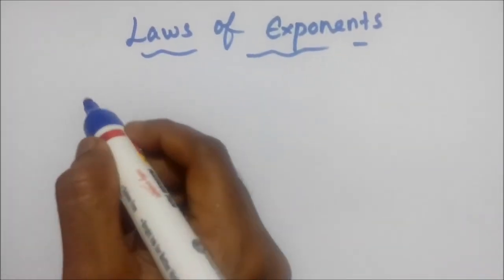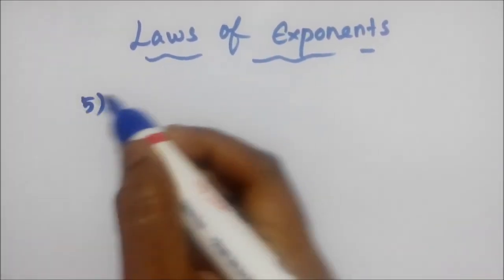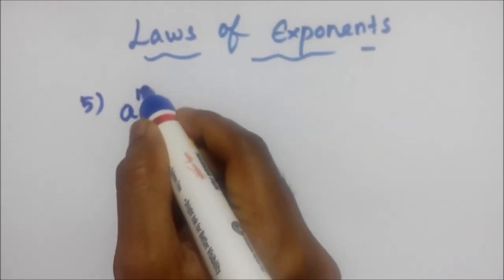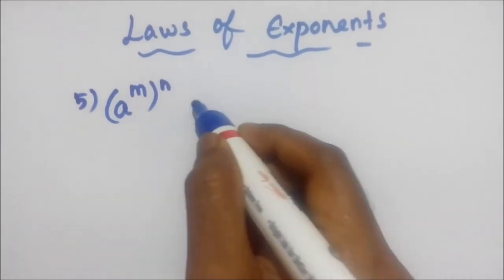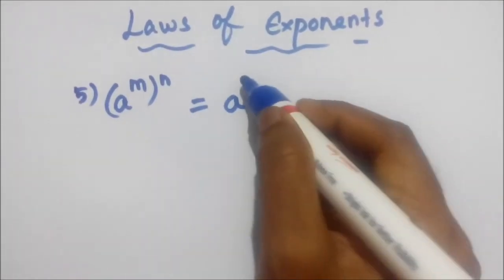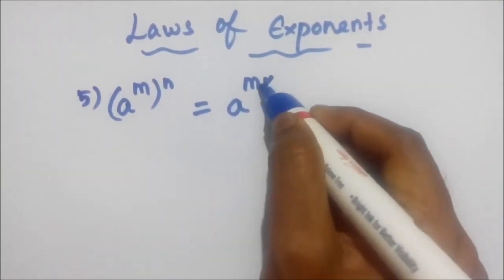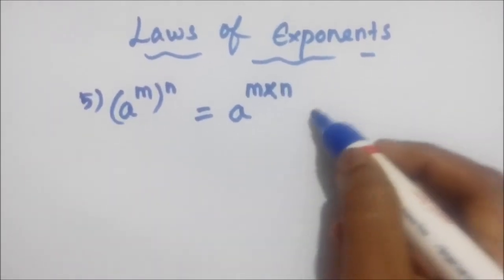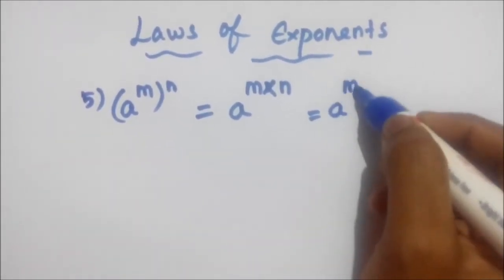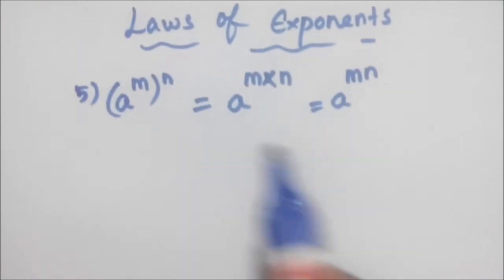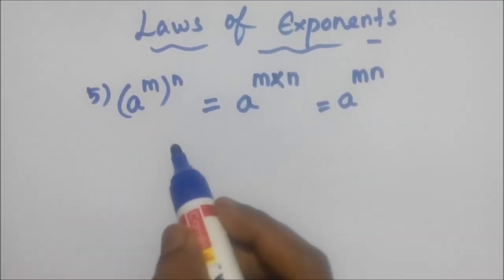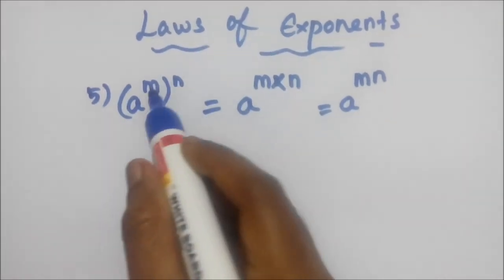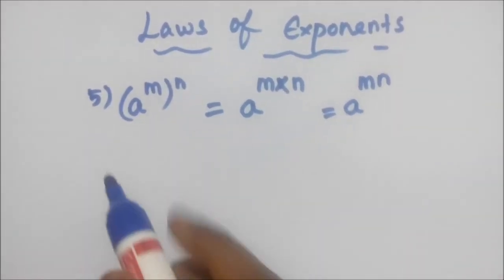Our next law is the fifth one. a raised to the power m, the whole raised to the power n is equal to a raised to the power m into n. We can write a raised to the power mn also. See, here the double power means we can multiply.